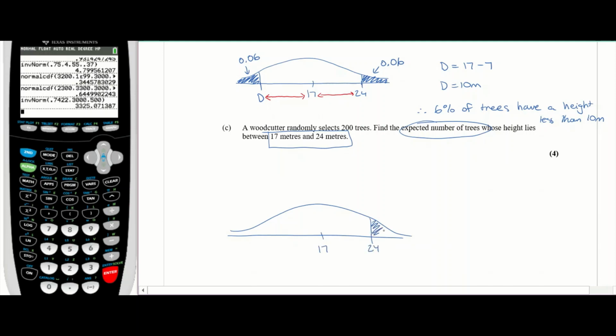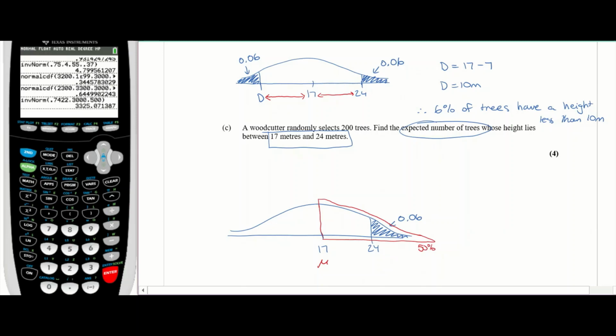So we had 6% that have heights above 24 meters. Another important thing to know is that the mean marks the halfway point.